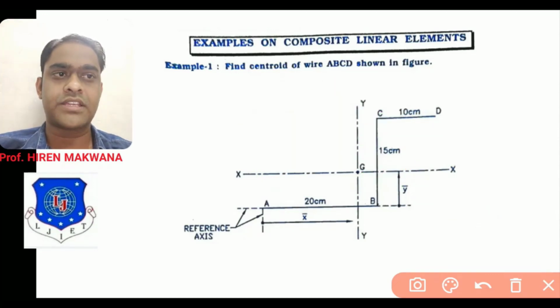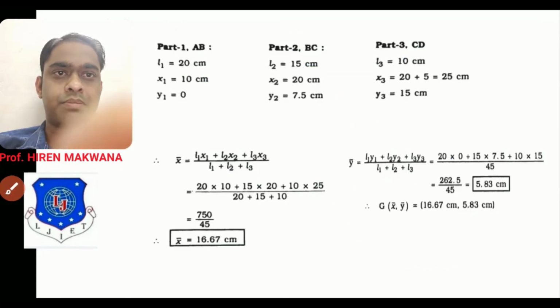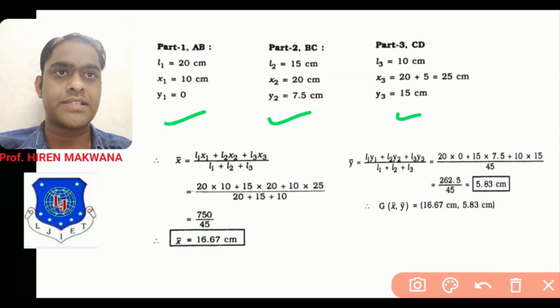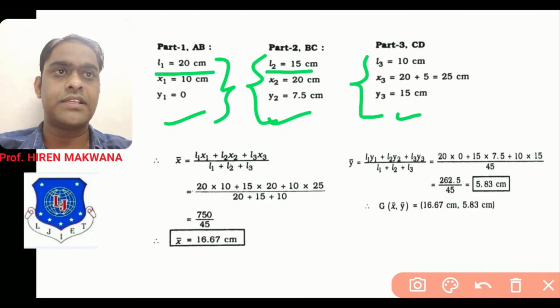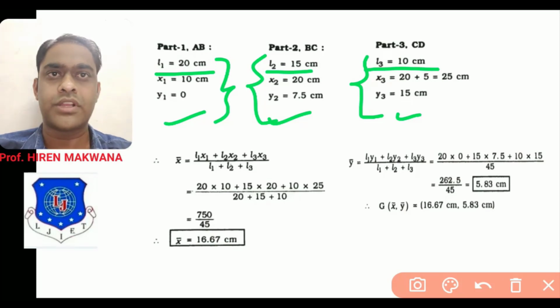Let us see on the next page all the calculations. Okay, as I told you, these are the parts: part AB, part BC, part CD. Here you have to take three values always: L1 x1 y1, L2 x2 y2, L3 x3 y3. As many parts, as many values. For part 1, 2, 3 respectively, length is 20, 15, and 10. Now as per the calculation in the figure I have shown you, x1 y1 means CG of particular part 1, that is 10 centimeter horizontal and 0 centimeter vertical.